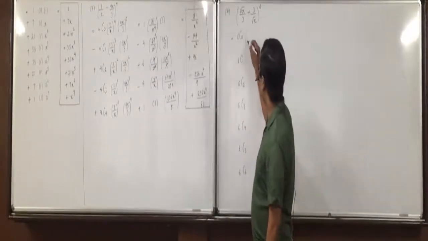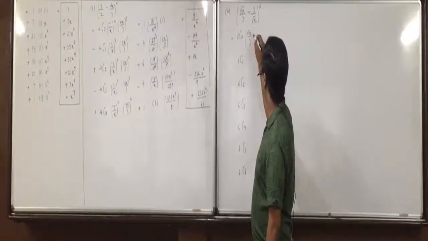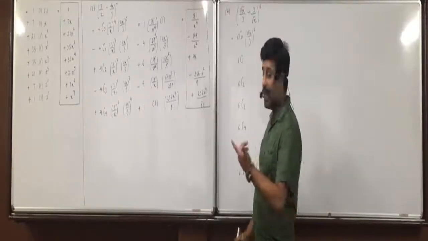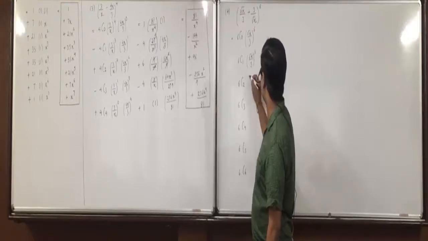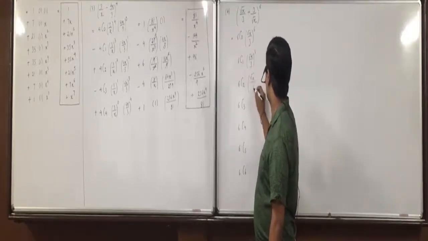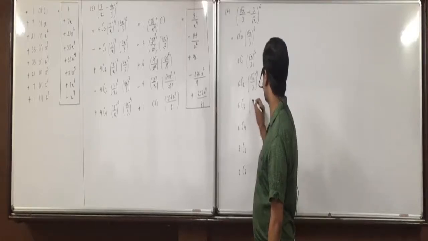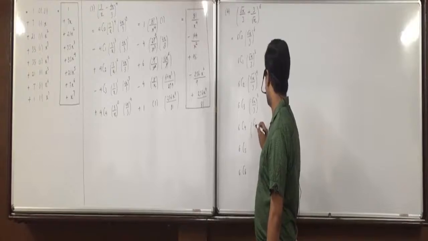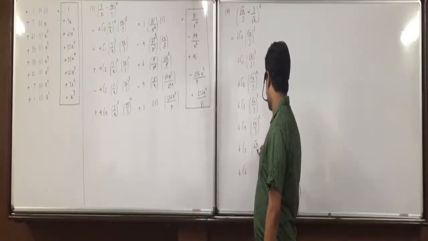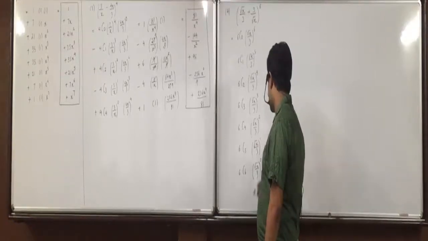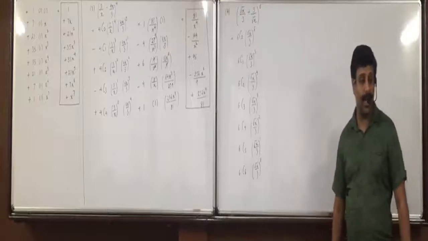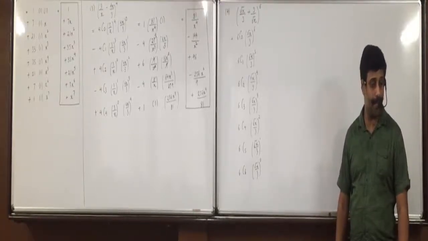Now, root x upon 3 raised to 6, then root x upon 3 raised to 5, root x upon 3 raised to 4, root x upon 3 raised to 3, root x upon 3 raised to 2, root x upon 3 raised to 1, root x upon 3 raised to 0. Able to understand this, everyone?